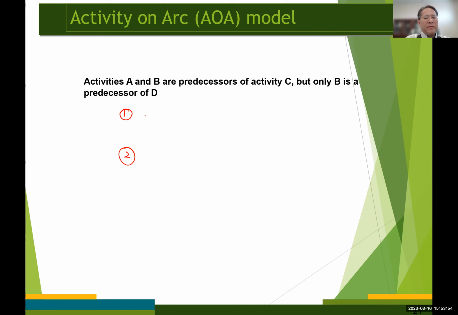We have nodes 1, 2, and then we have activities A and B, like that. If I have C like that, then in this case, both activities A and B are the predecessors of C, right?